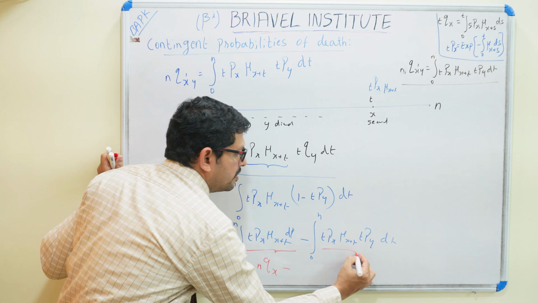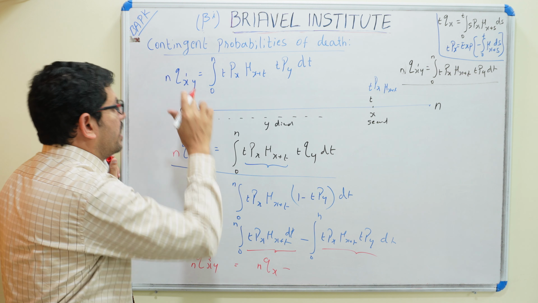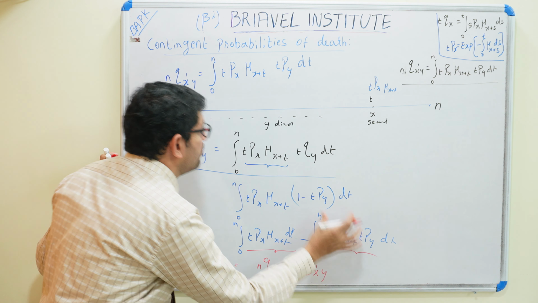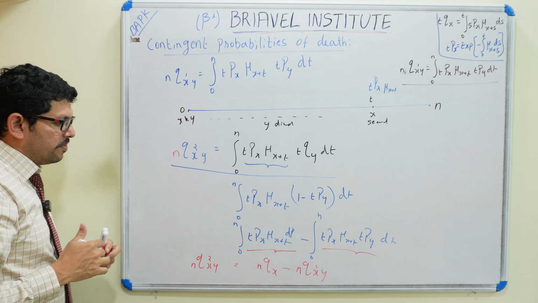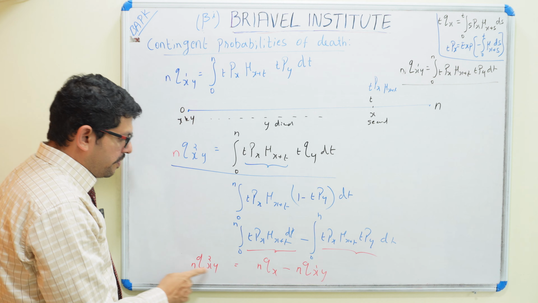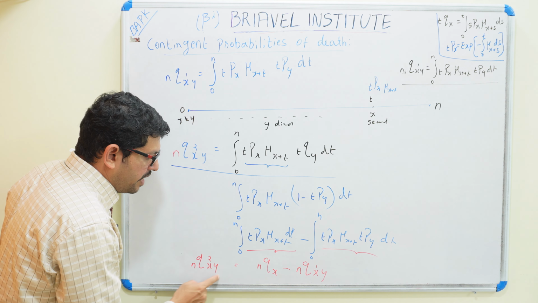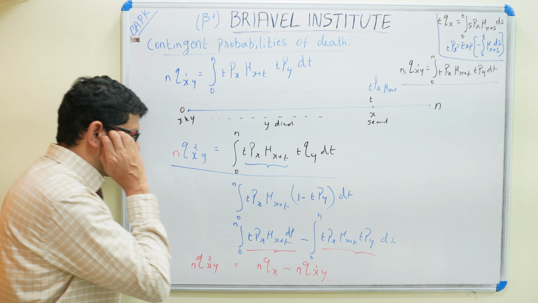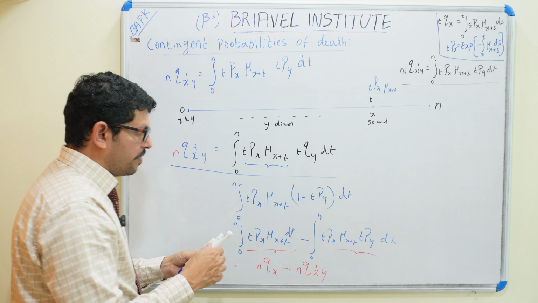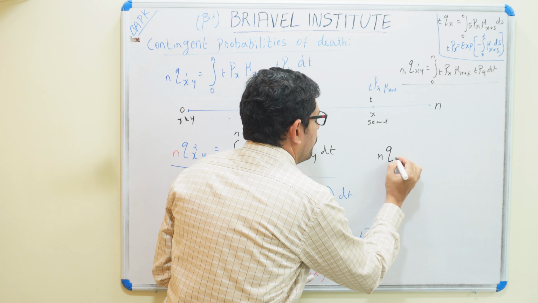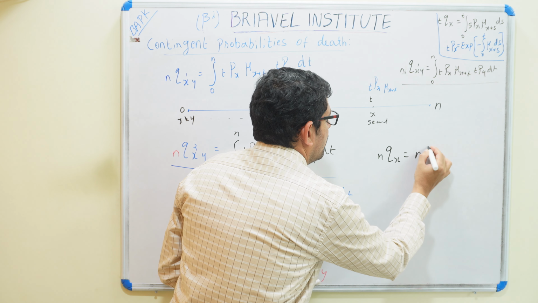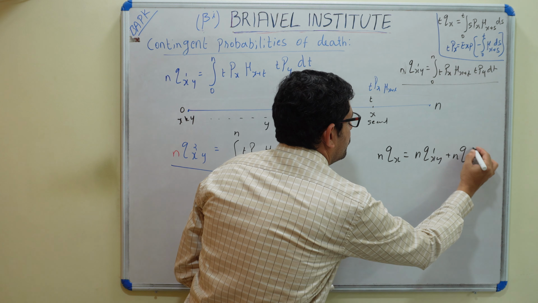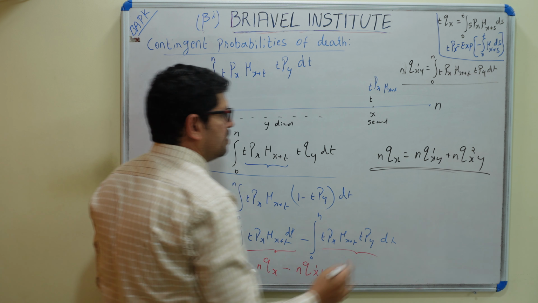Minus, what is this term? This term we already stated as nQx1y. We already studied this term. Now you see the new formula: nQx2y is equal to nQx minus nQx1y. So we can write nQx is equal to nQx1y plus nQx2y. So this is the sum.